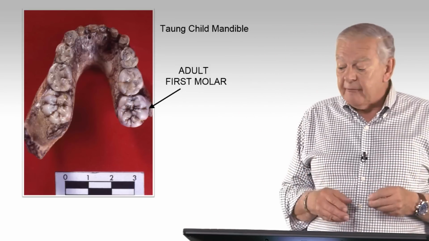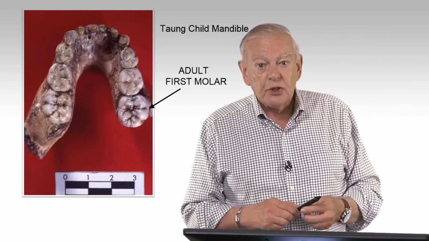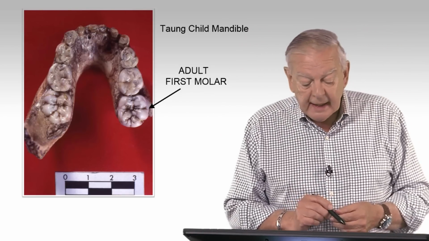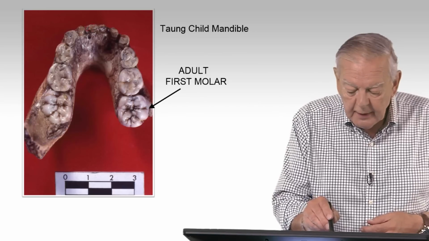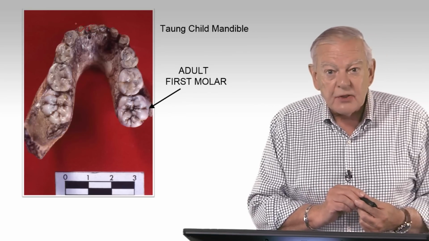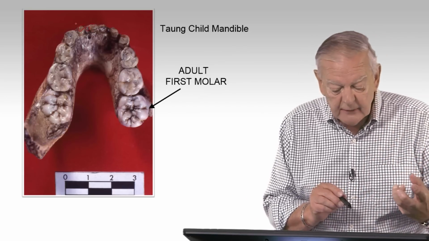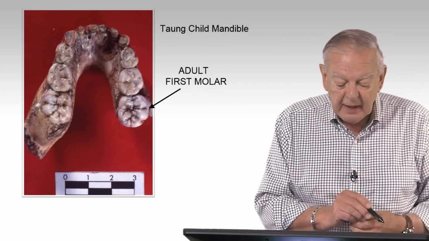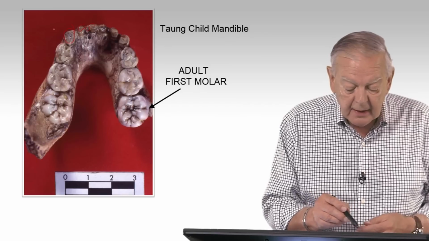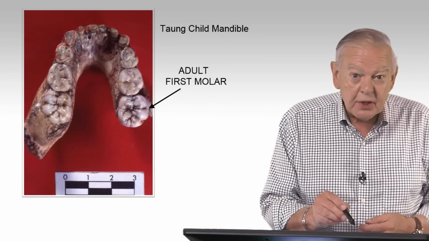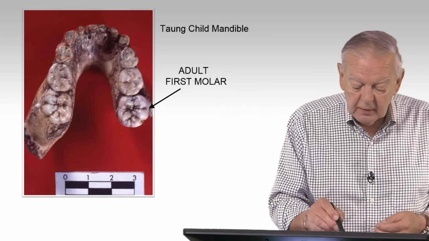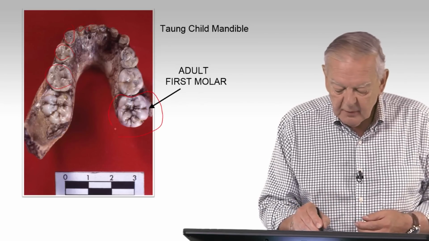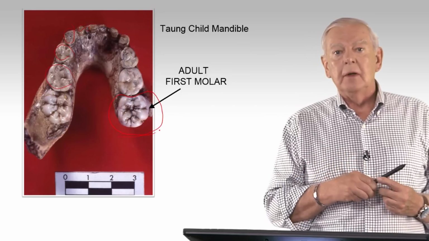So here's a close-up photo I made of the Taung child's lower jaw or mandible. And what we're looking at are 1, 2 baby incisors, right? Deciduous teeth. This is the first deciduous or baby or milk tooth, canine. The first deciduous or milk tooth molar, and the second deciduous. This beautiful tooth is the first adult molar.